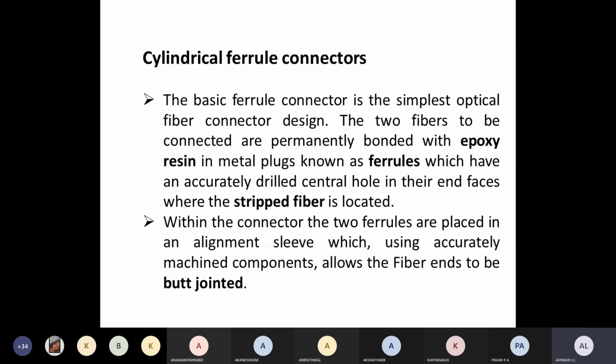The next type is cylindrical ferrule connectors. The basic ferrule connector is the simplest optical fiber connector design. The two fibers to be connected are permanently bonded with epoxy resin in metal plugs known as ferrules, which have an accurately drilled center hole in their end faces where the stripped fiber is located.